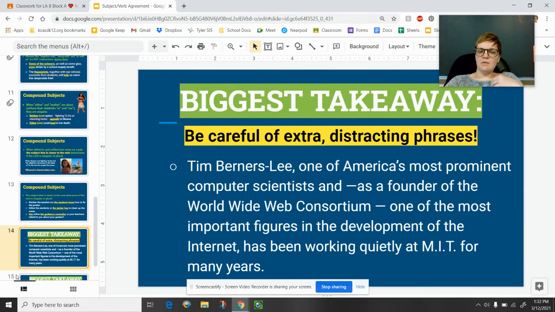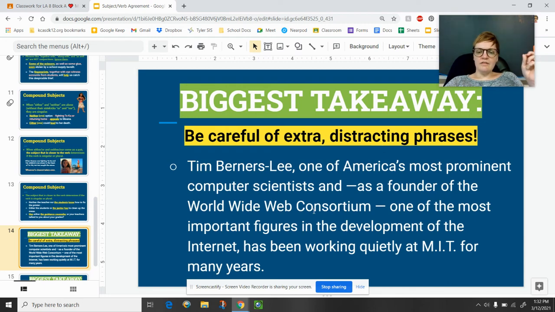So the biggest takeaway is to be careful of extra distracting phrases that are not part of the actual subject. So as we read this very long sentence, Tim Berners-Lee, one of America's most prominent computer scientists and, as a founder of the World Wide Web Consortium, one of the most important figures in the development of the internet, has been working quietly at MIT for many years.